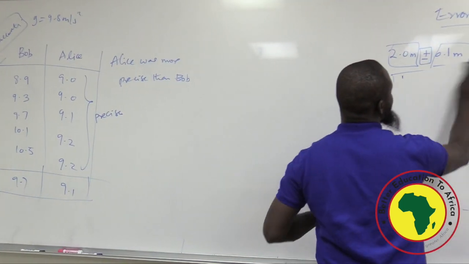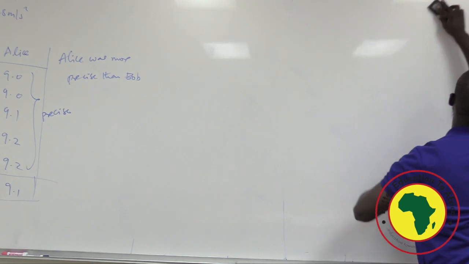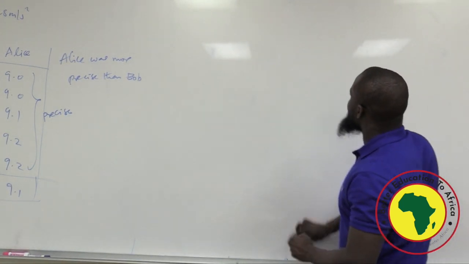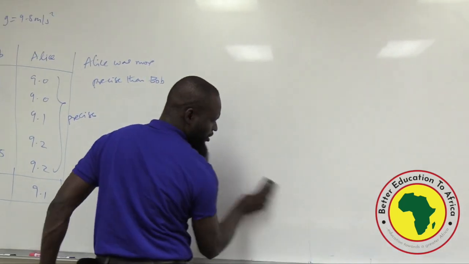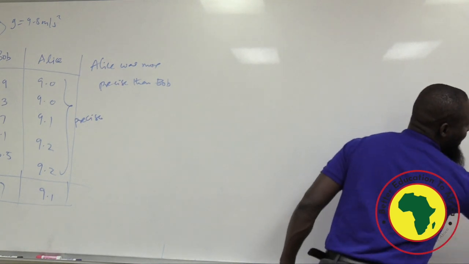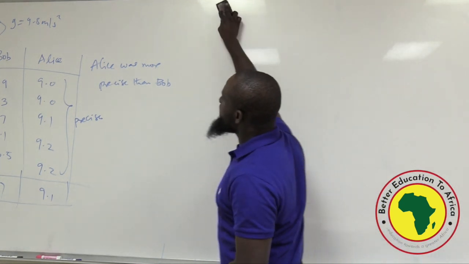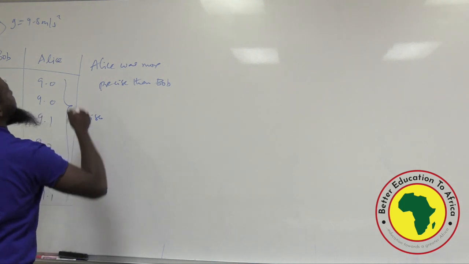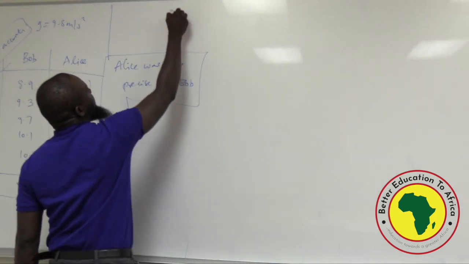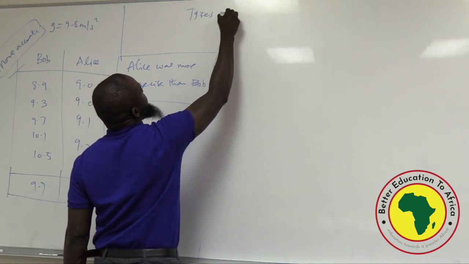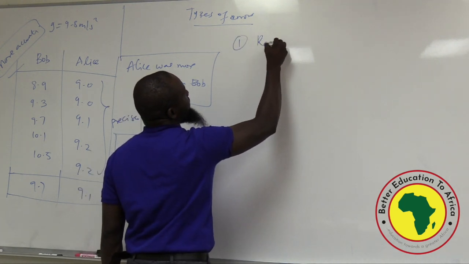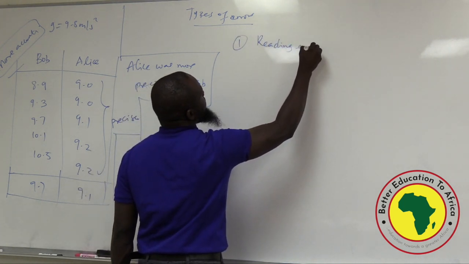I'm going to mention to you some very common errors in the laboratory. I'll go into details a little bit. I'm not sure if I'll have time today to go into the normal distributions and how they work in calculating the standard deviations, but I can give a few minutes of description of that, and you can read more about that, okay? So I'm going to mention some types of errors. Number 1, reading error.